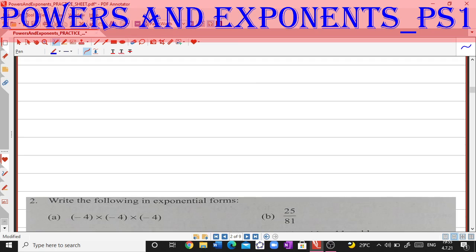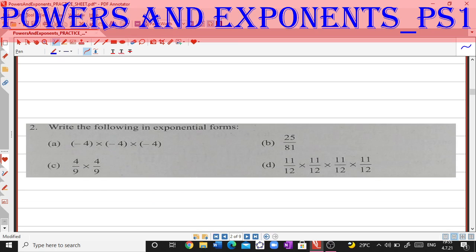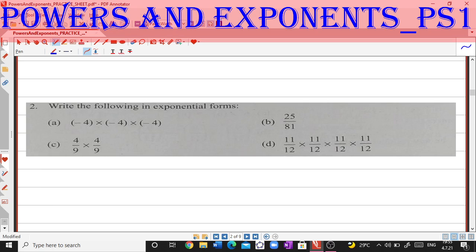Now let's come to the next question, that is the exponential form. Here the numbers are written in the expanded form and we have to write this in the exponential form. So for this, the first one, which number is multiplying to itself? Yes, you are right. Minus 4 is multiplying to itself.